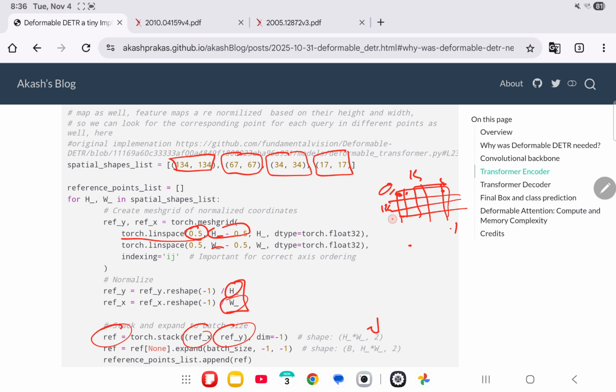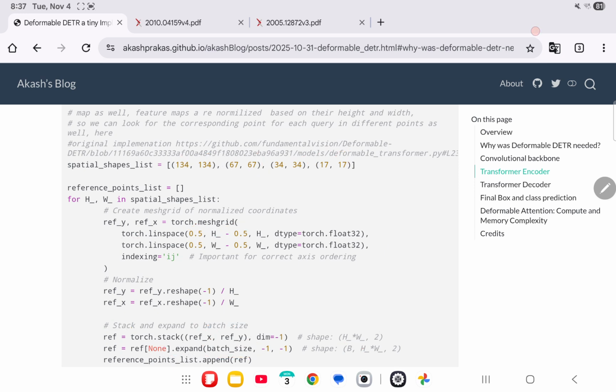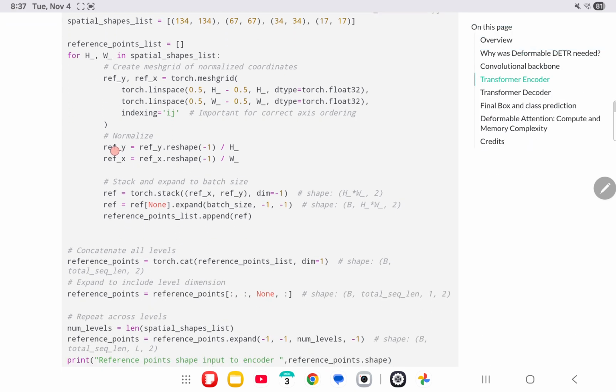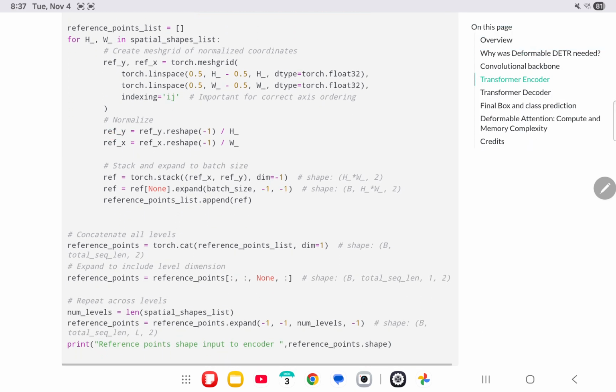We want the corresponding points across four different feature levels. So we do an expand, initially across the batch, so that the same feature is across different batches, and then we also expand along L, which is the feature level.